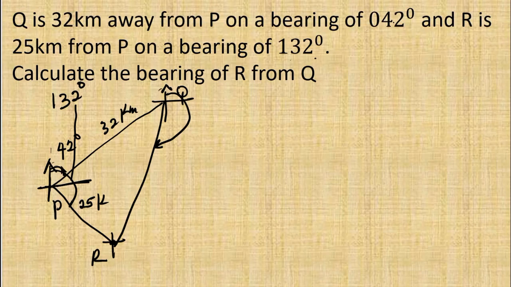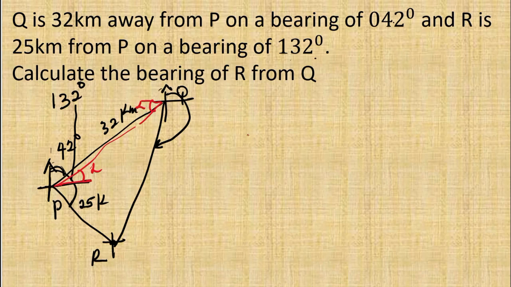I've just changed my pen for clarity's sake. Now, if you look at this part of the diagram, this way and this way, this angle is alternating. Let's call this alpha, and I'll call this alpha.